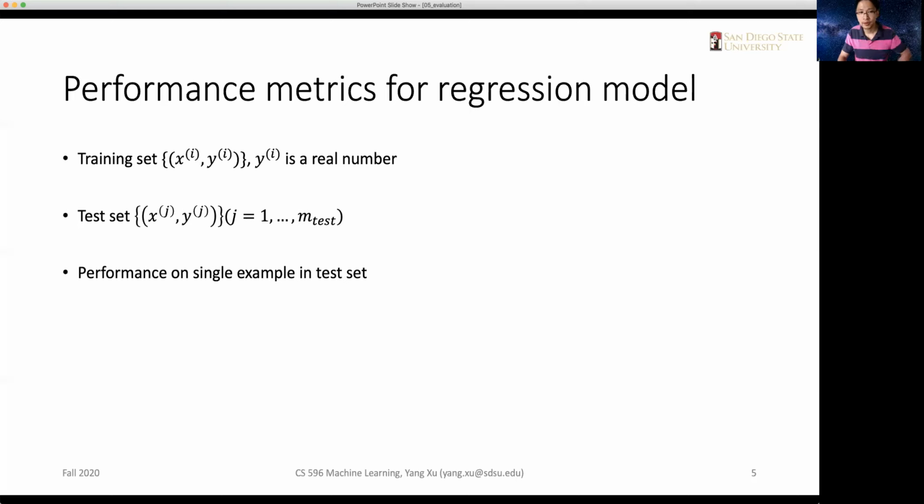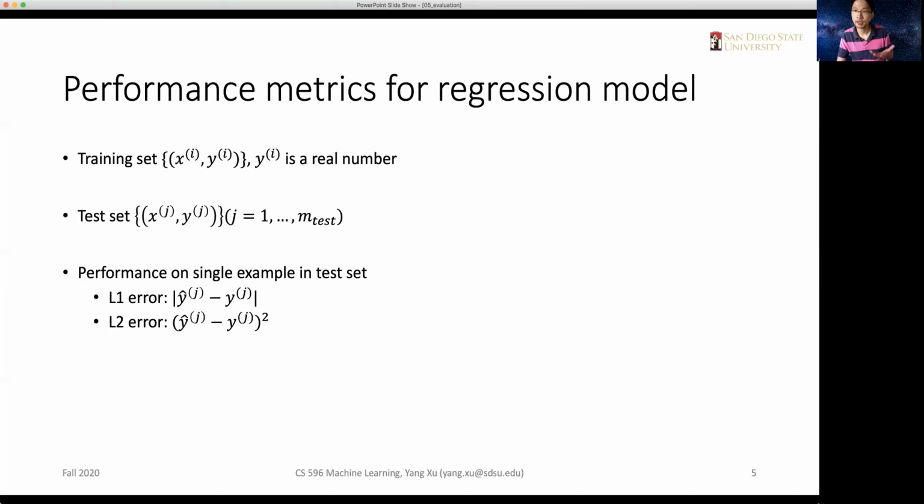So if we want to measure the performance on a single example, a single point, we can simply use the distance between the predicted value and the actual value, right? So here, L1 error means the absolute value of the distance, okay? What we are more familiar with is the L2 error, because the mean square error is the metric that we use in the training, right?